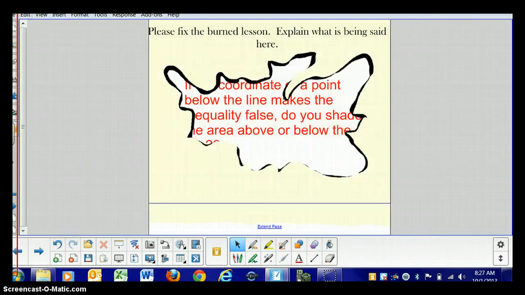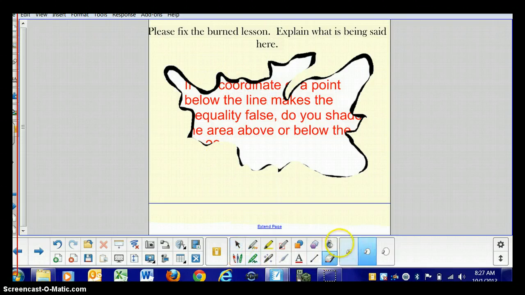Alright, I had written this note out, but the paper it was written on burned, and now I can't make out exactly what it says. Can you please fix the burned lesson and explain what is being said here? Alright, let's see if you took enough time to figure it out. How do I figure this out myself?